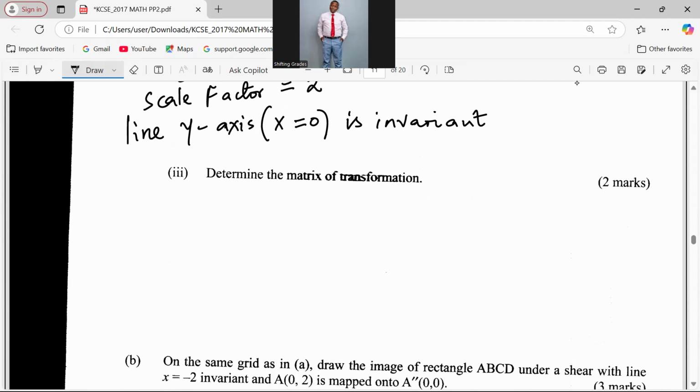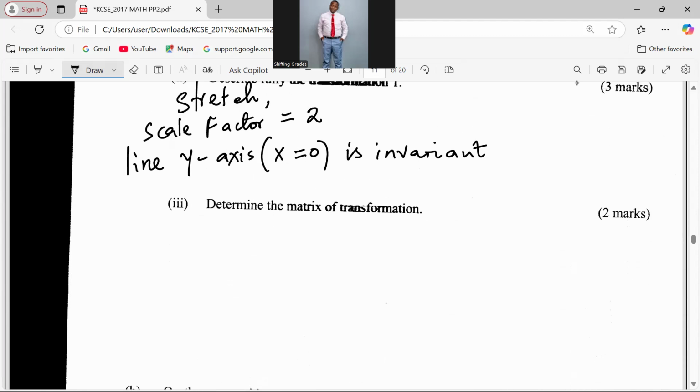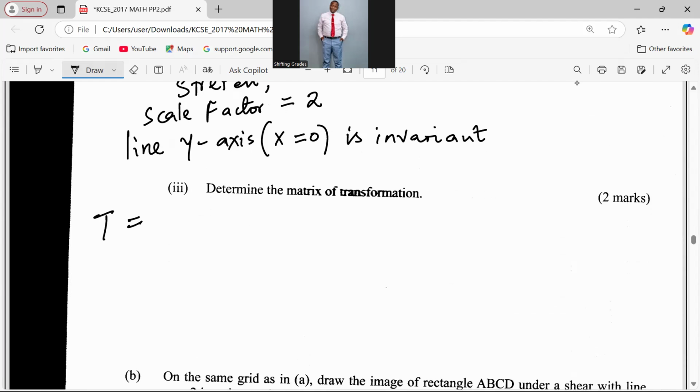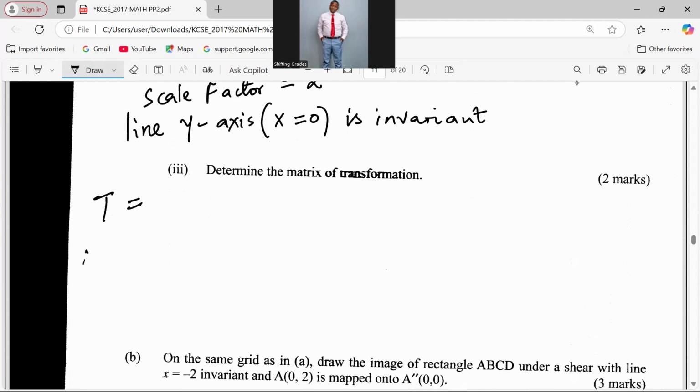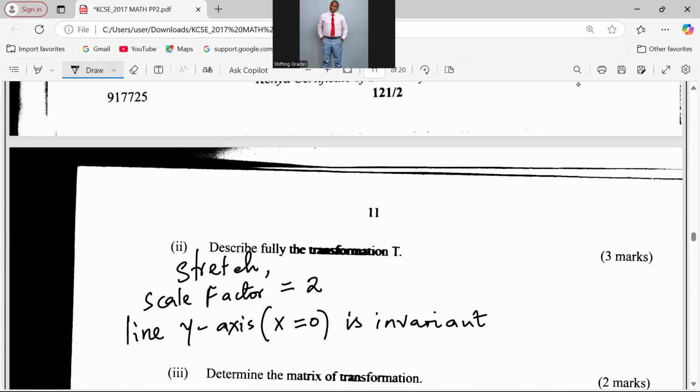Look at part 3 of this question. We are trying to determine the matrix of the transformation. The matrix of the transformation T can be given by, remember during a stretch, when the y-axis is invariant, matrix is usually given by K, 0, 0, 1, where K is the scale factor of the stretch.